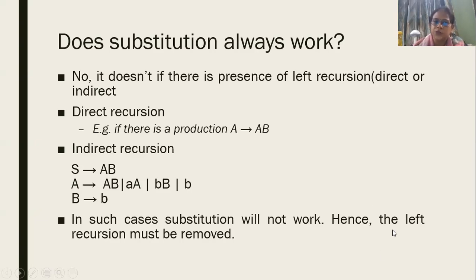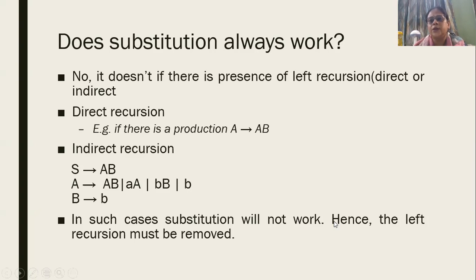So substitution will not work. For instance, here, if I substitute for A, I will get ABB as the first production, and the remaining will remain the same. Again, if I replace that, I'll get ABBB. Hence, this substitution will not work in such cases. The solution is that the left recursion must be removed.